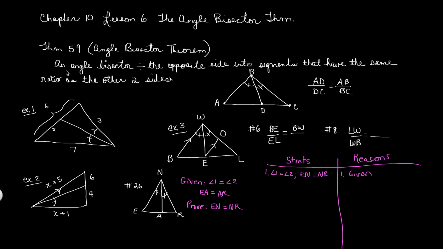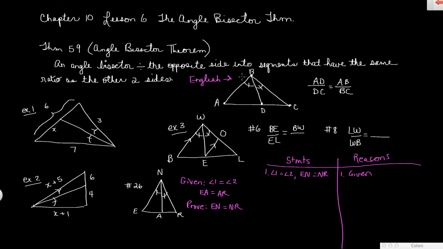It says an angle bisector divides the opposite side into segments that have the same ratio as the other two sides. So in English, this is what it's saying.